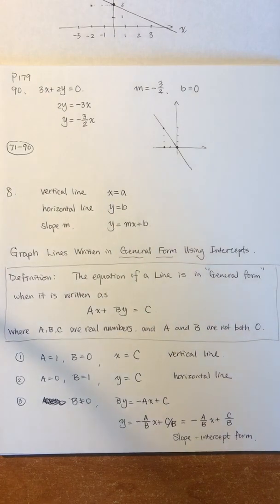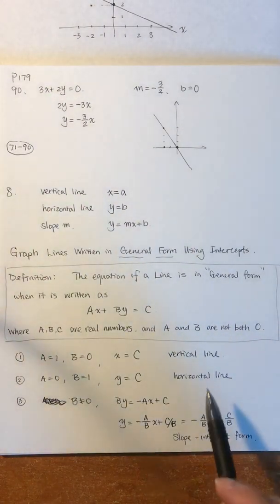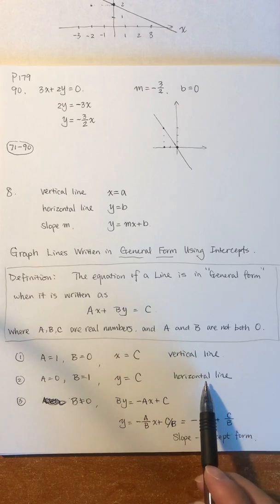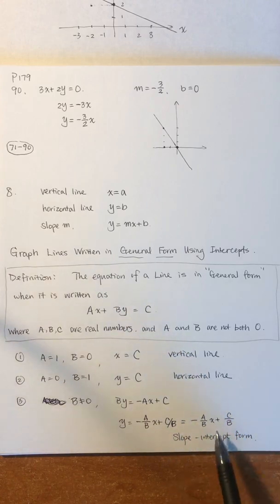It will cover all possibilities: horizontal, vertical, and other slope-intercept forms. And by the way, the horizontal line is a special case of slope-intercept form. If a is equal to 0 and b is equal to 1, you can still do that, just this part disappears.